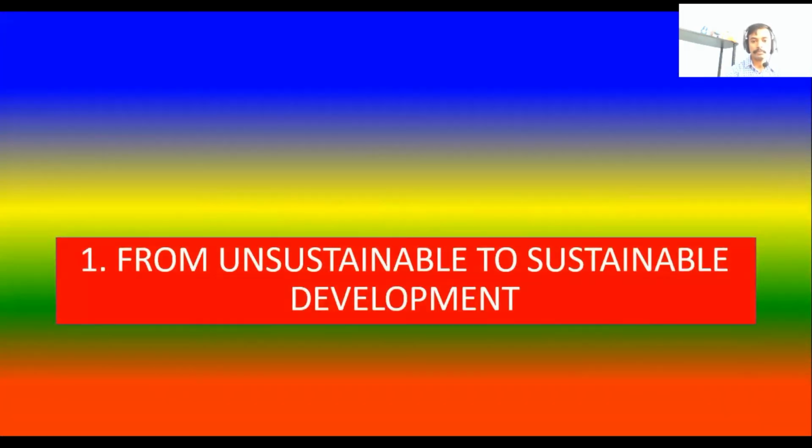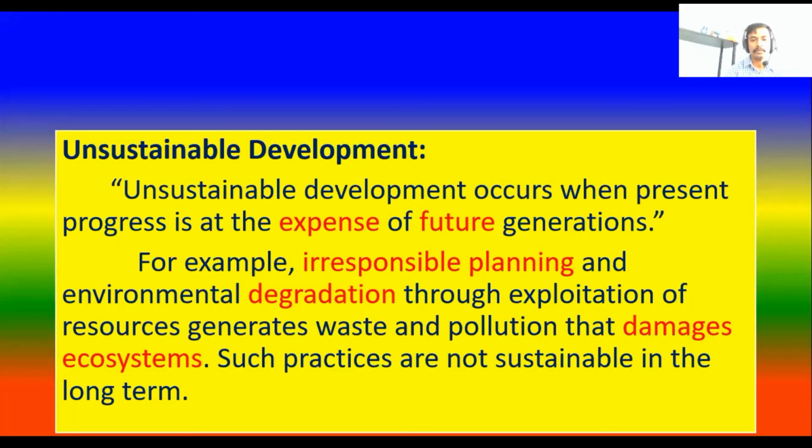Very briefly, the first section in this unit is from unsustainable to sustainable development. What is meant by unsustainable? Unsustainable development occurs when present progress is at the expense of future generations, which means present activities damage the future, for example by means of pollution hazards.